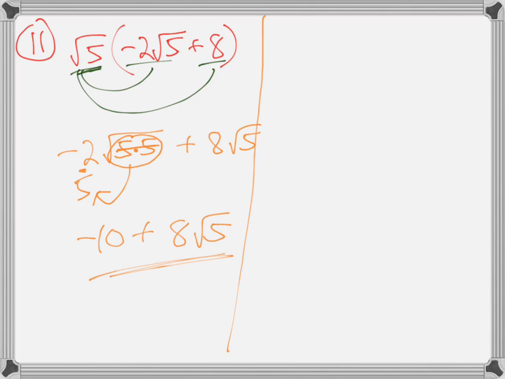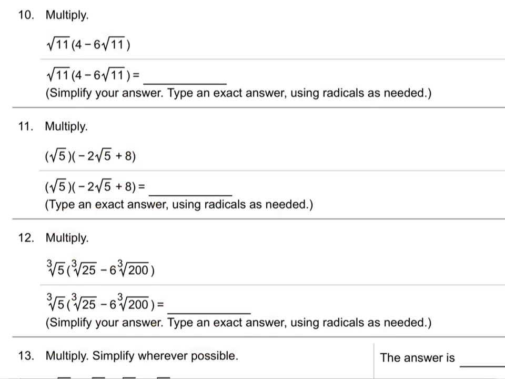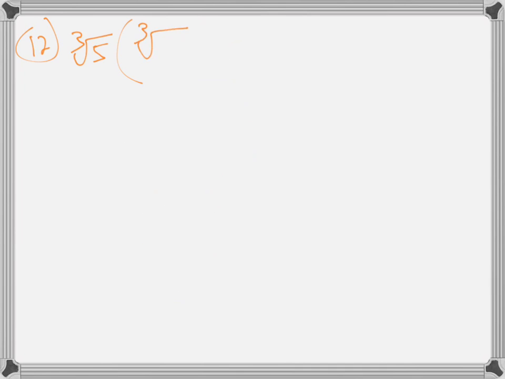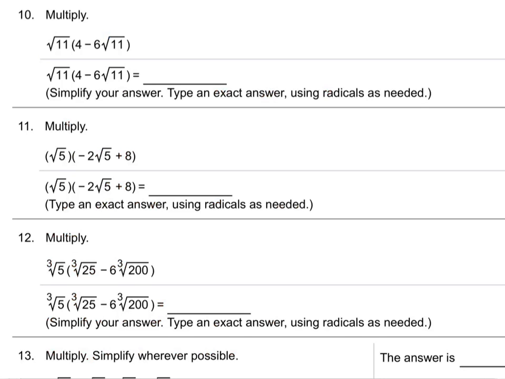Okay, so number here, I'll put it on a fresh screen. Number 12. Third root of 5 times third root of 25 minus 6th root, third root of 200.